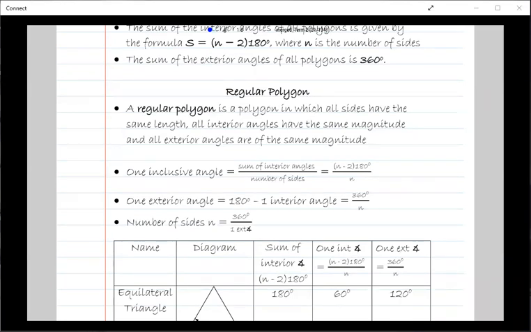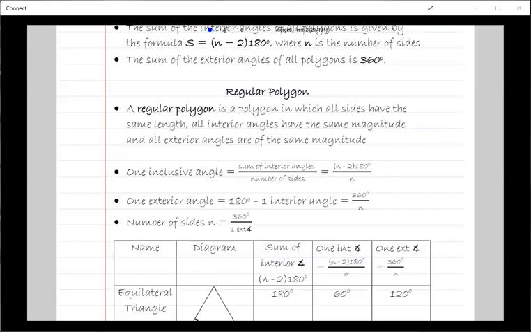The sum of the exterior angles of all polygons is 360 degrees. Later on, I will explain the idea of the exterior angle. I did already when we were looking at angle properties of a triangle, but we will revisit it as we move further down in the lesson.